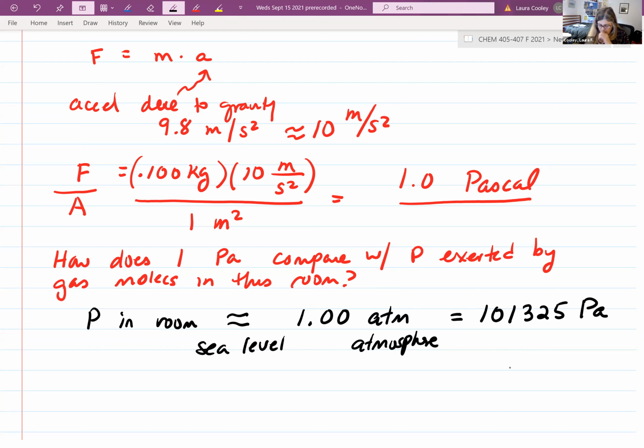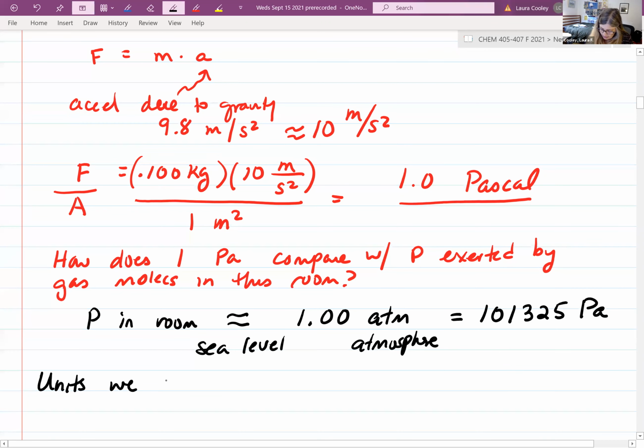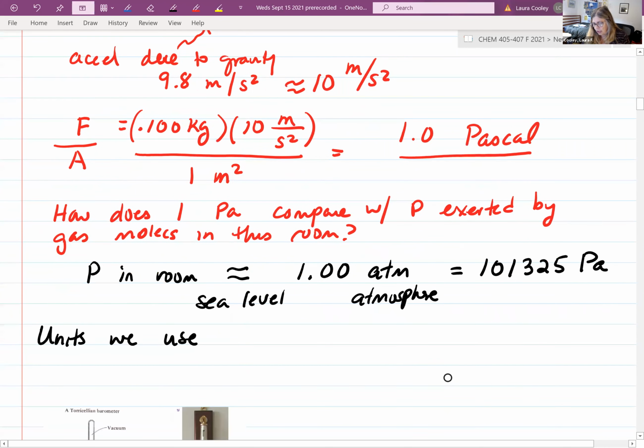But anyway, the units that we use in this class, and the reason we use these units is because we deal with atmospheric pressure. And so we're not going to be talking about pascals very much. What we use is the atmosphere. And 1 atmosphere is 101,325 pascals.